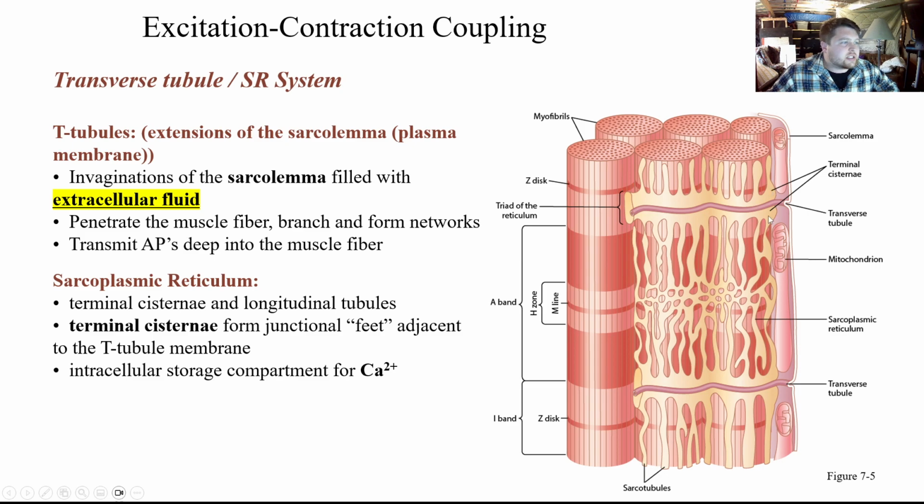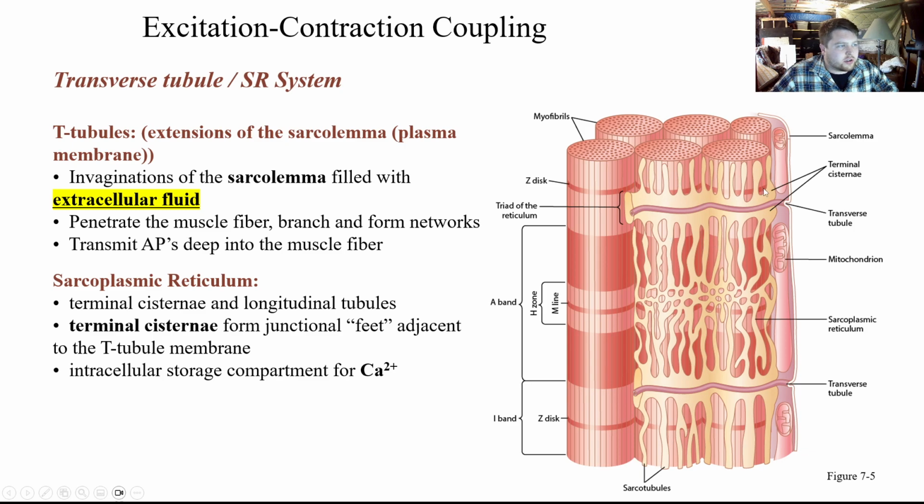On either side of the T-tubule, the transverse tubule, we have these things called sarcoplasmic reticulum. The sarcoplasmic reticulum, we'll also call these terminal cisternae. They are running along either side of these T-tubules, and we're going to see what's important about these terminal cisternae in a second.